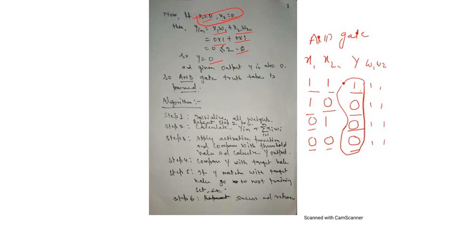We have solved the function of the AND gate using the McCulloch-Pitts neuron. It's clear or not?